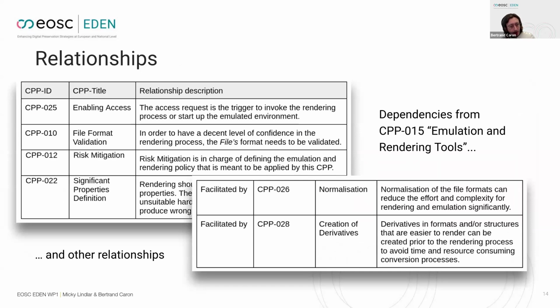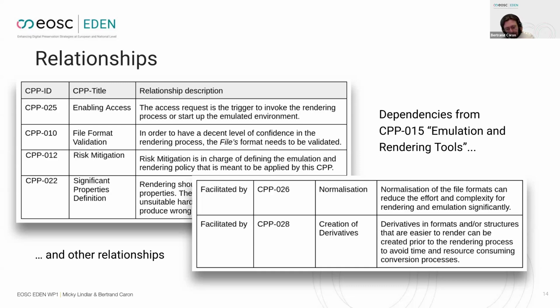Next is the relationship section. The first table here is focusing essentially on dependencies. So what other processes are necessary in order for the current CPP to be successful? Nevertheless, we also added a few logical, procedural, semantic relationships that seemed interesting to also provide to the reader.